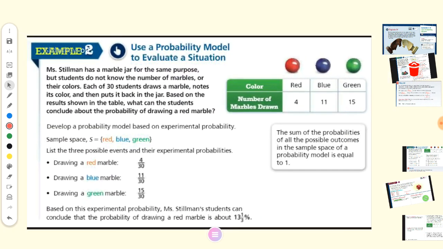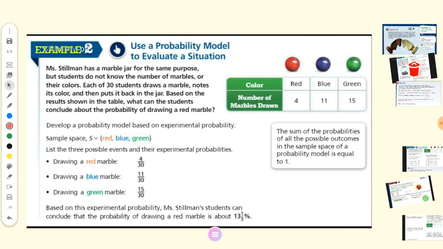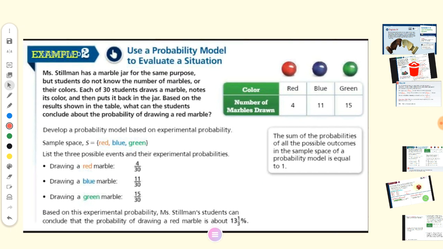Another example: I have the same jar but with a different number of marbles: 4 red, 11 blue, and 15 green. If we add them together, we get 30, so the whole sample space is 30.